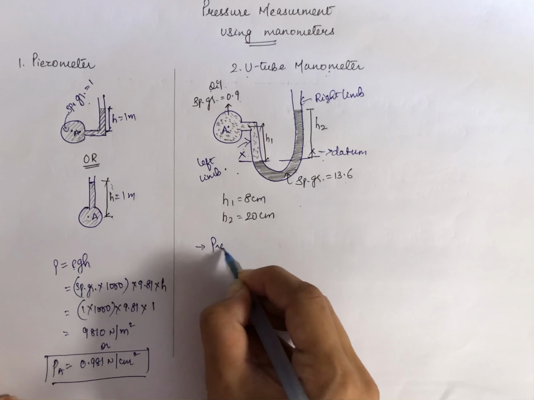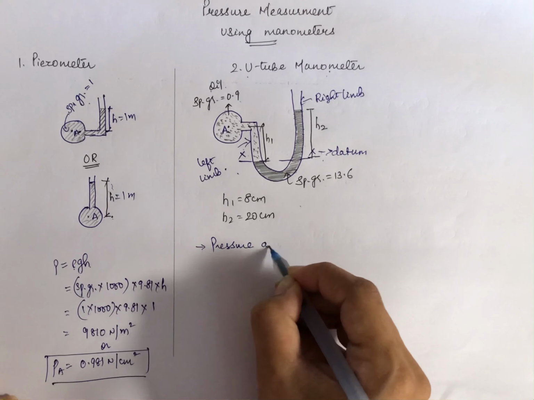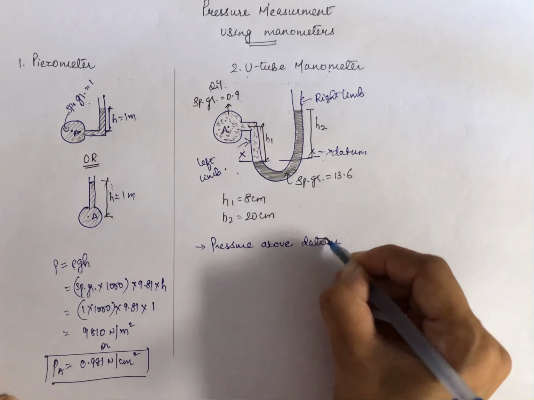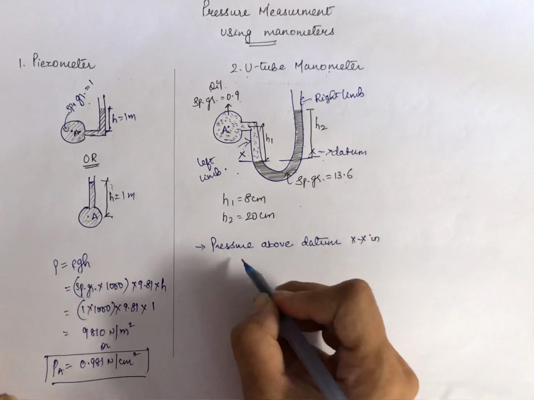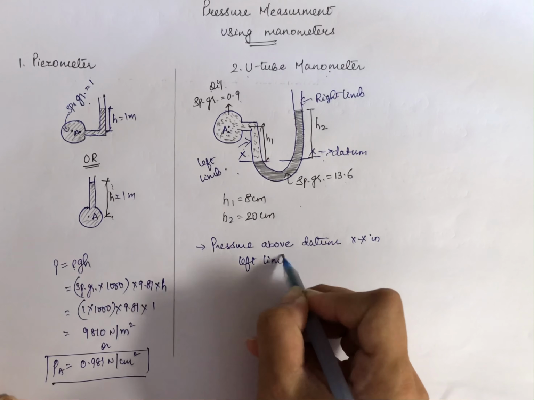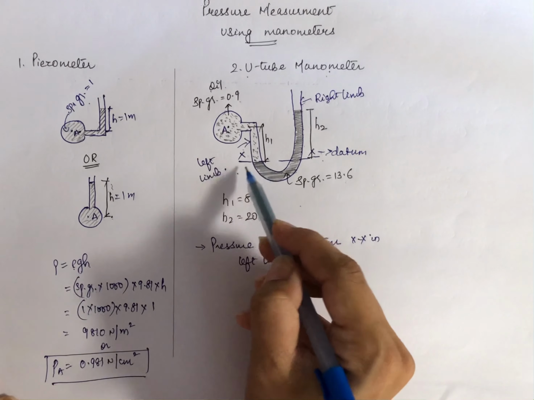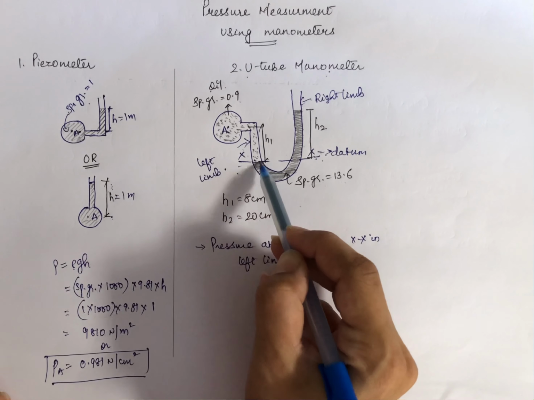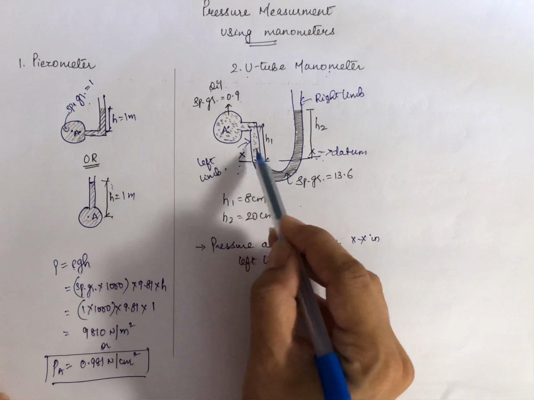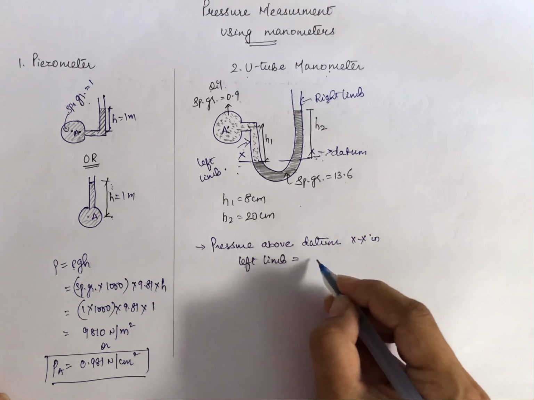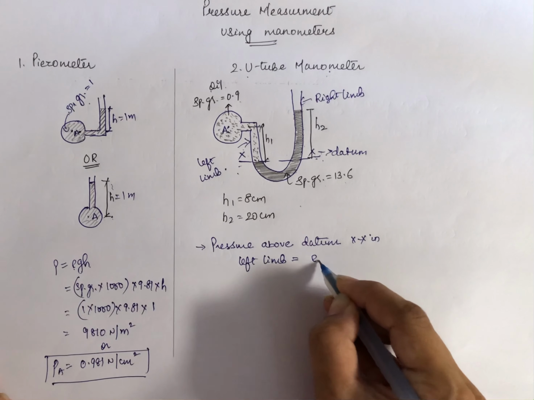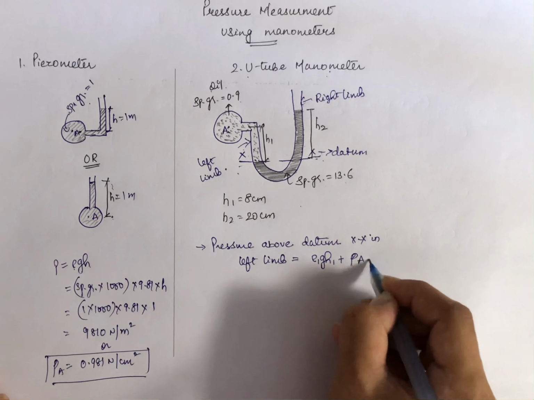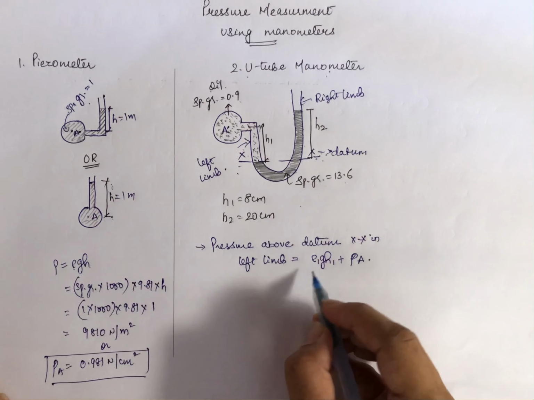First of all I will write the pressure above datum XX in the left limb. So this is my left limb about the datum XX. Above the datum there is only one fluid, which is oil, and for that I can write the equation rho 1 G H1 plus pressure at point A. What is rho 1?